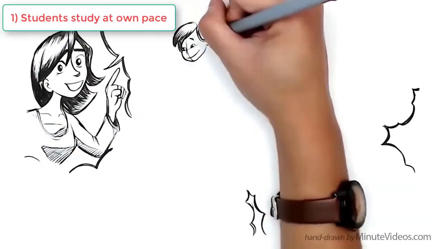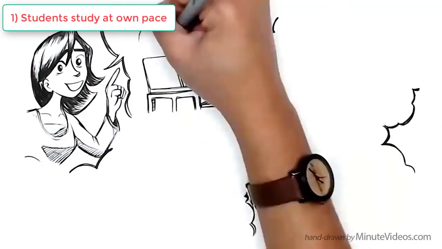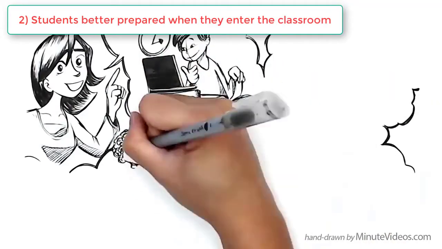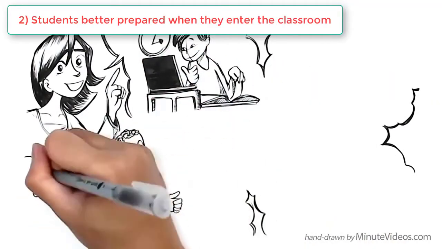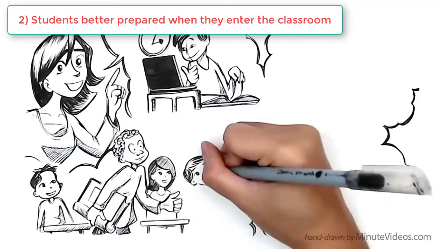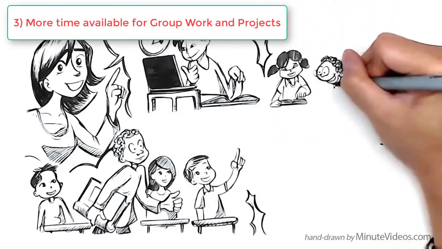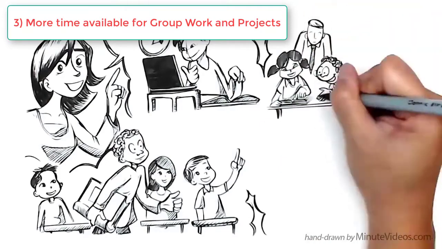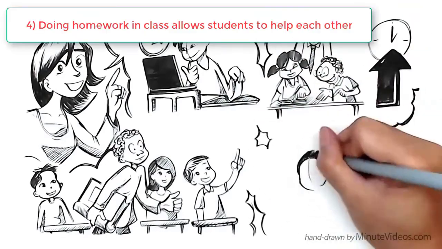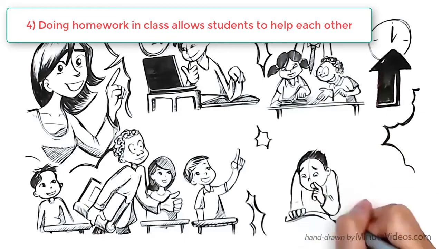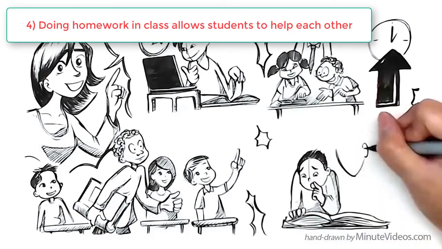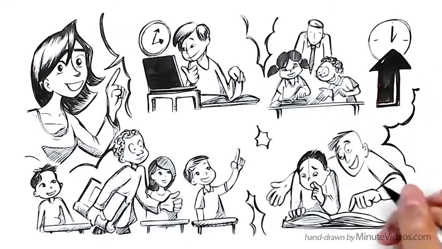It allows all students to learn at their own pace, as videos can be watched again. 2. It's more efficient, as students enter the classroom prepared to contribute. 3. It enriches the classroom, as more time can be spent on group work and projects. 4. Doing homework in class allows students to help each other, which benefits both the advanced and less advanced learners.